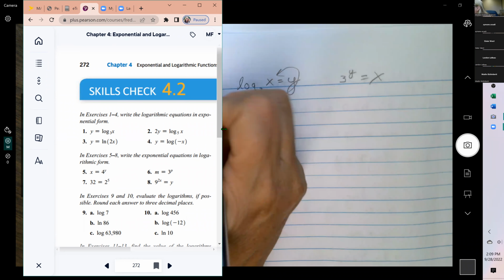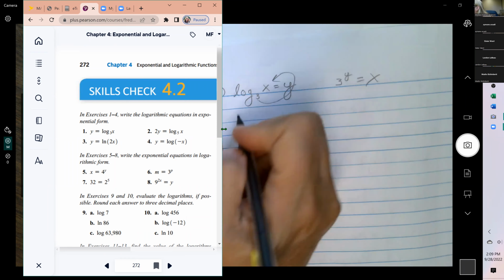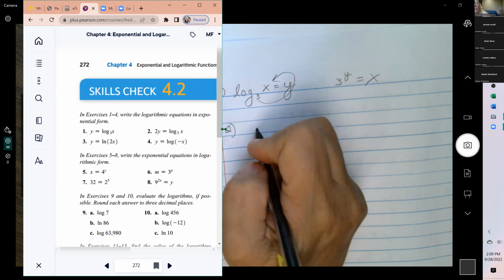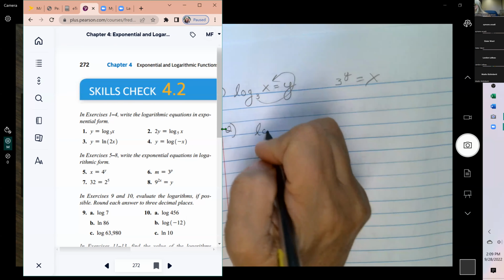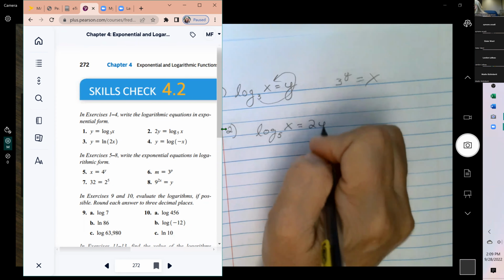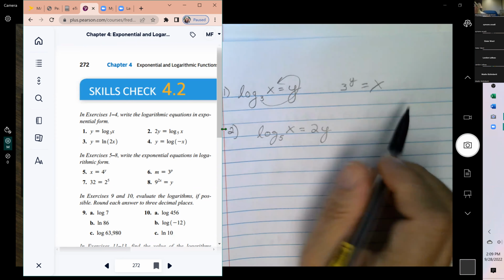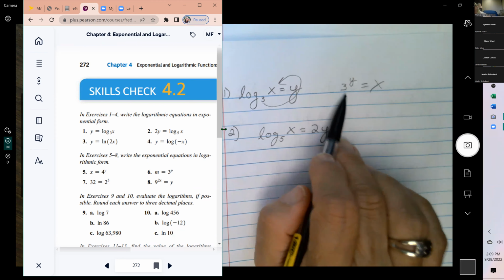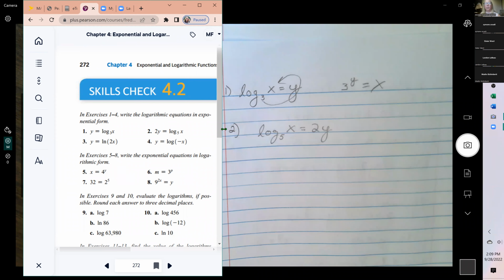So that was log base 5 of x equals 2y. So go ahead and rewrite it as an exponential. Start with the base and loop around.